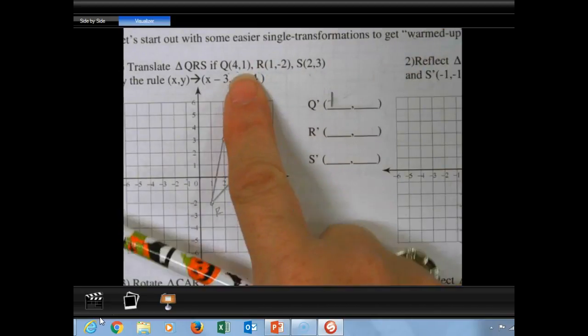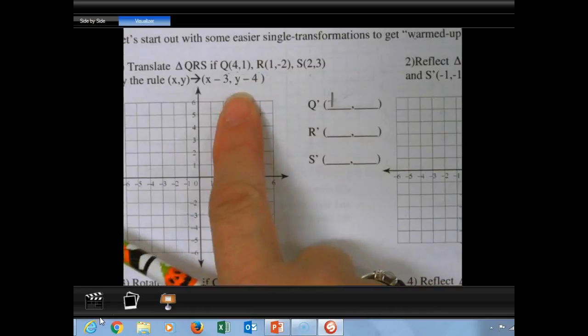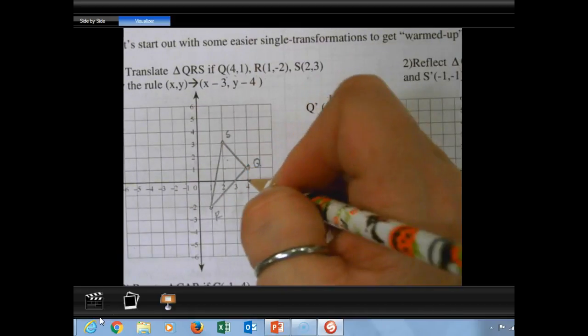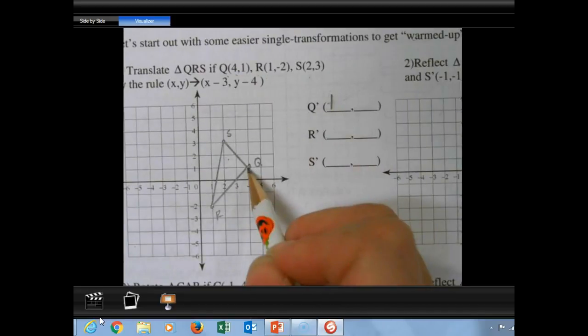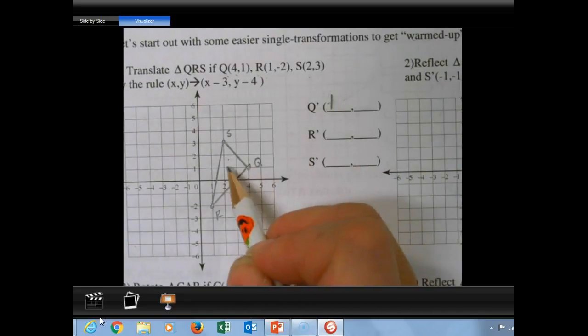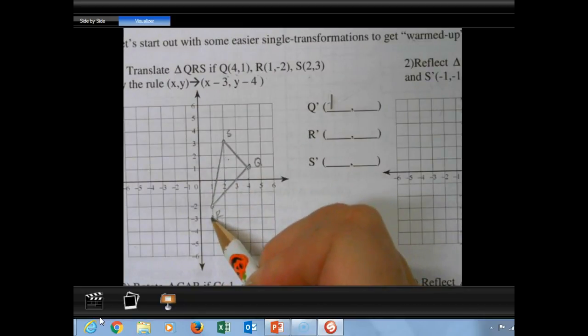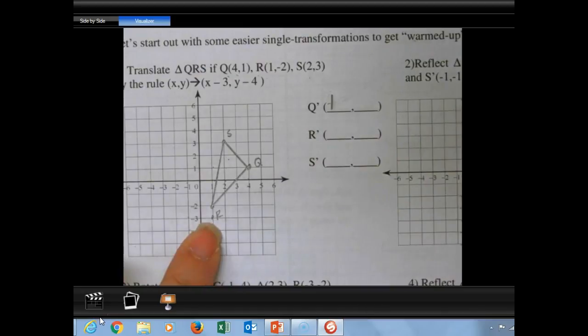What is 1 minus 4? So for Q, we're going to go left 3 and down 4. That puts me here at what? 1, negative 3.